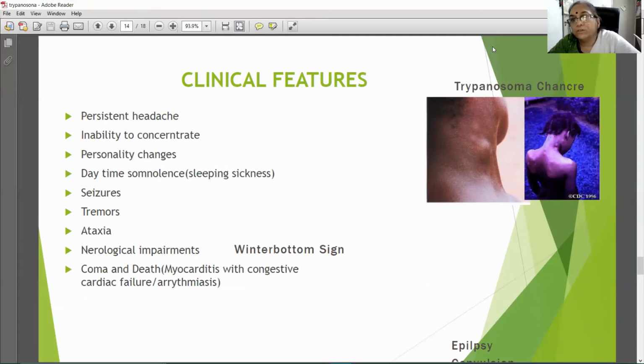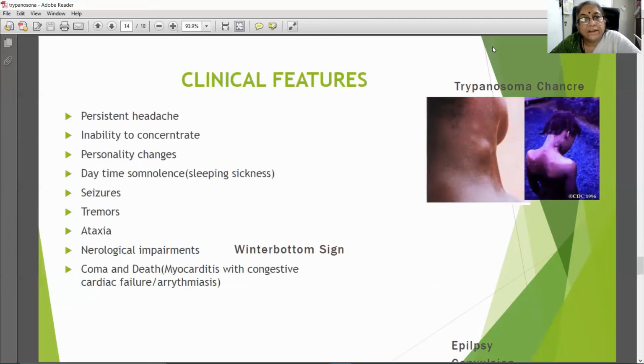Clinical features: because of the fever and all that is present because of the parasitic infection, there is persistent headache. The person is unable to concentrate. The personality of that patient is going to change. Daytime somnolence develops, because of the weakness, because of anemia, and because of the involvement of the central nervous system, the person feels sleepy.